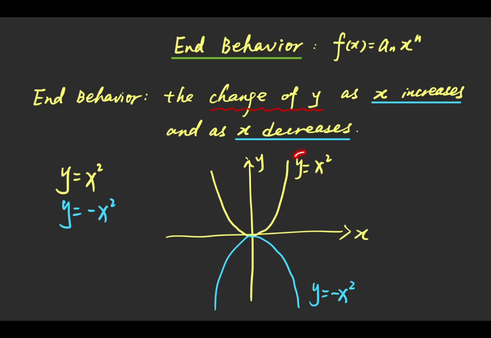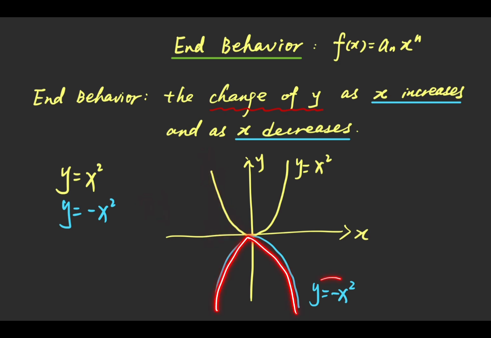For this function, for this branch, x approaches positive infinity, y approaches positive infinity. We can say x increases, y increases. For this branch, x decreases, y increases. So we say x approaches negative infinity, y approaches positive infinity.